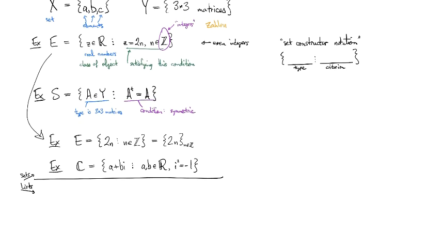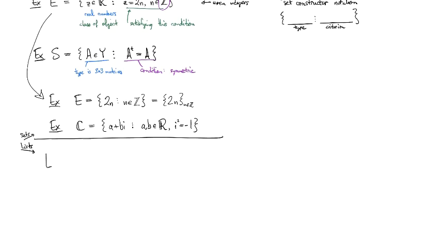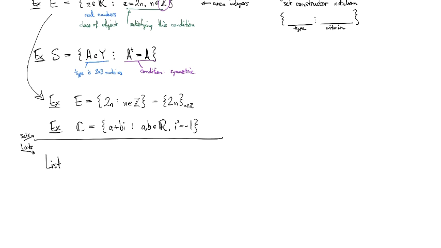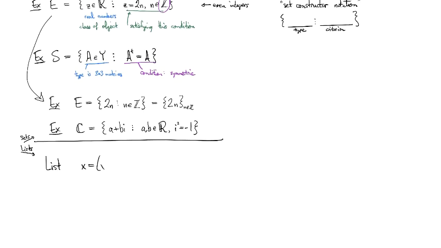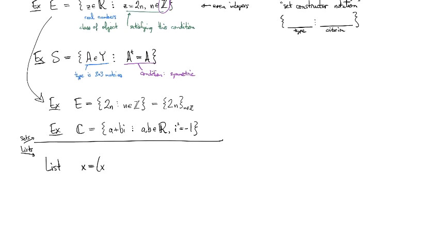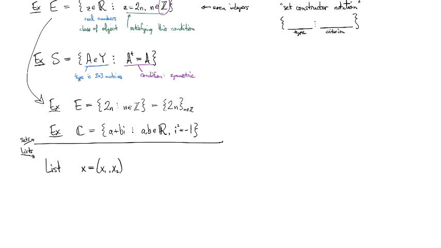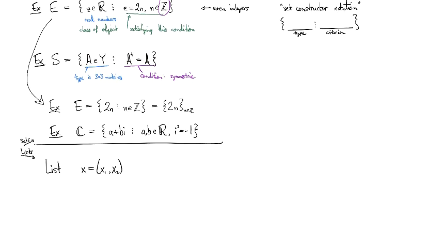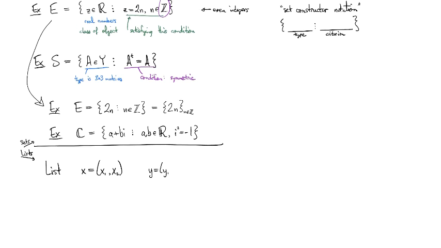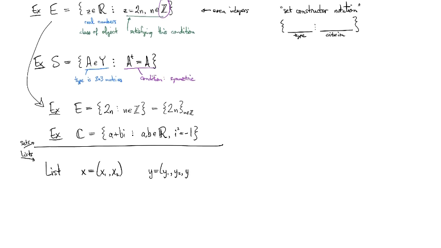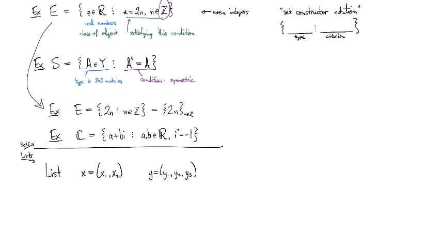Now let's talk about lists. A list is going to be denoted by round brackets instead of curly brackets. And we often number the entries. So we might have something like x1, x2, or y1, y2, y3. And this is the notation we'll use for talking about vectors.